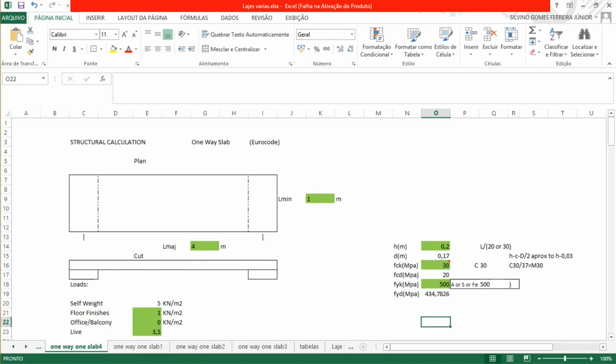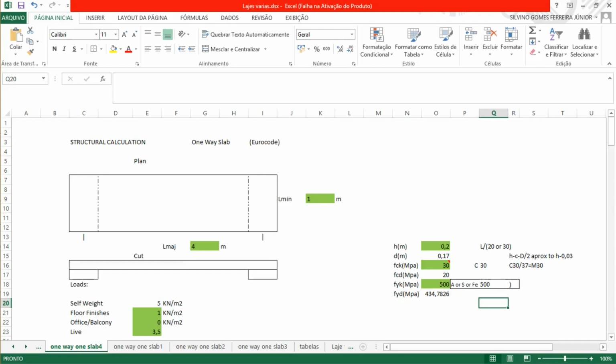For steel, we're gonna use the A500, and there are many types of steel on the market. It can be A500, the designation can be S500, or you can have a steel for iron rods, FE500.